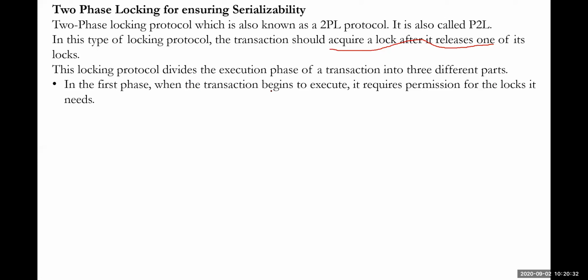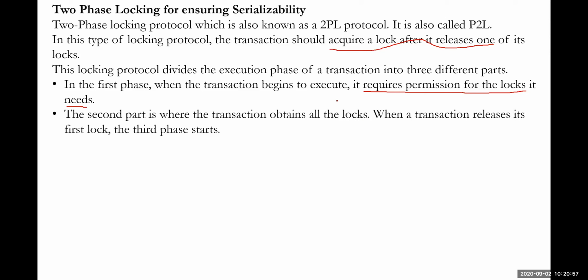When the transaction begins to execute, it requires permission for the lock on the item which it needs, as I explained just before. Similarly, before making any modifications on the item, you have to acquire the locks.